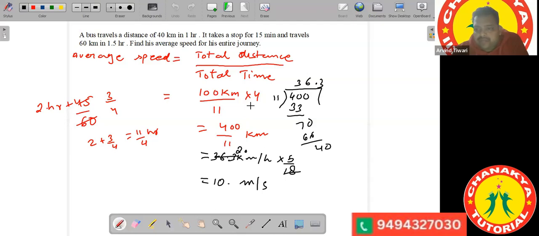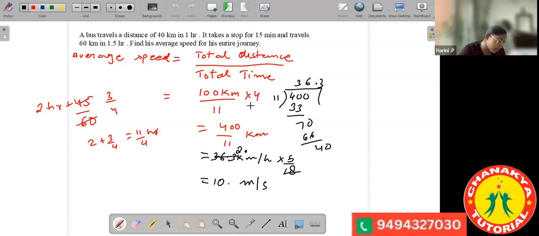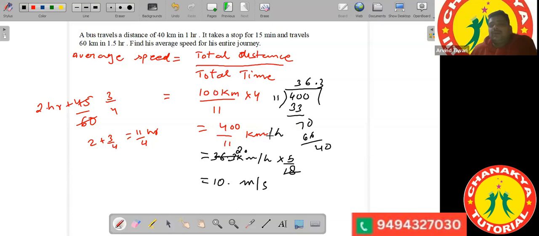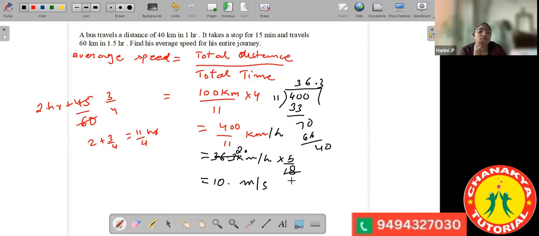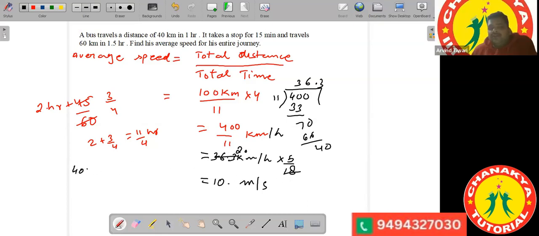If you're solving it in meters per second, then you'll write 40,000 plus 60,000 by 60 plus 90 plus 15. Whatever you are getting here in kilometers per hour, can we convert that to meters per second? Yes, sir, that's what I did at the end. You're getting 400 divided by 11, multiplied by 5 by 18. That is what you will get, something like 10 point something.